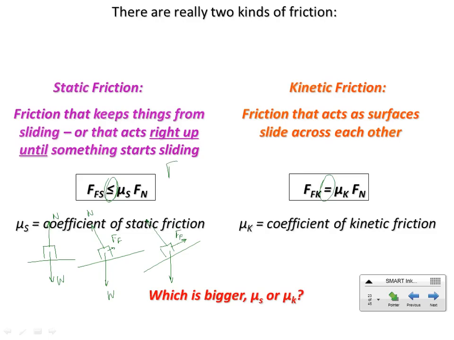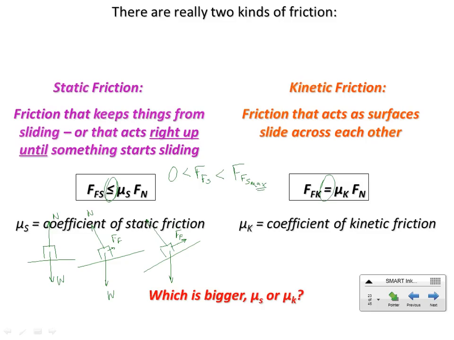So that says that static friction can range from 0, there doesn't have to be any, up to some maximum value.